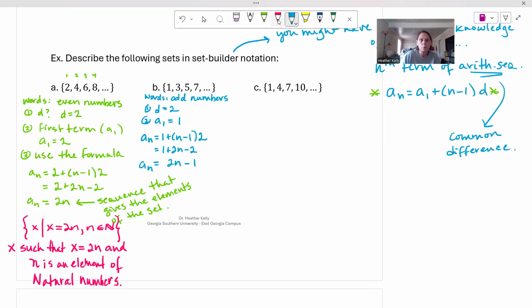Okay, and so we'll put this guy in set builder. This is going to be x such that x is equal to 2n minus 1, where n is an element of the natural numbers. All right, cool. Well, let's do this one as a you do.